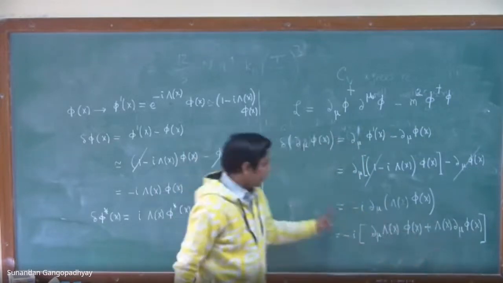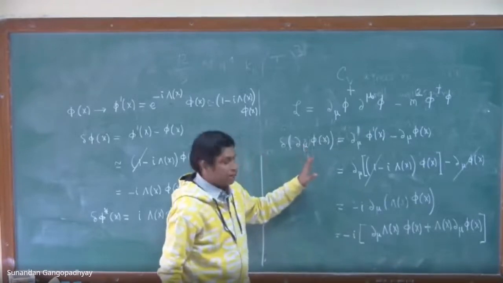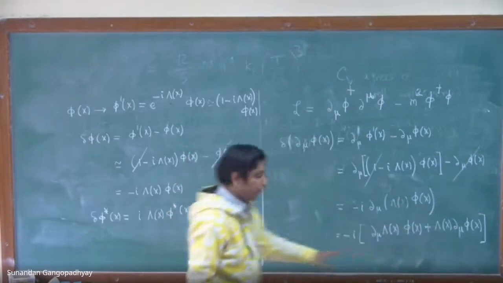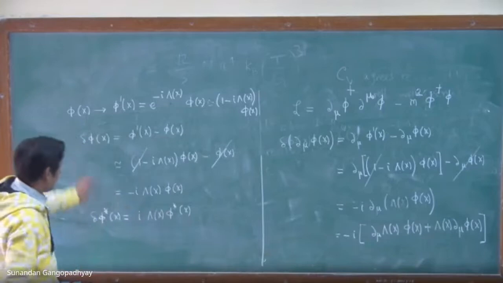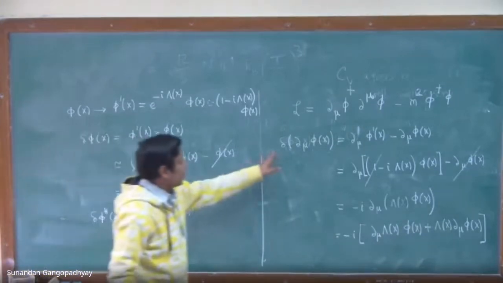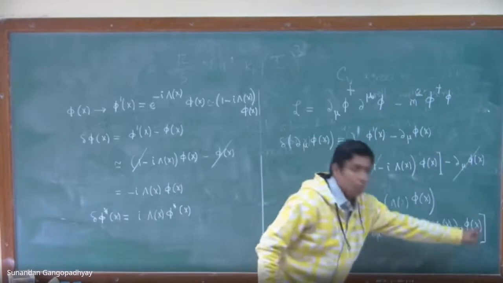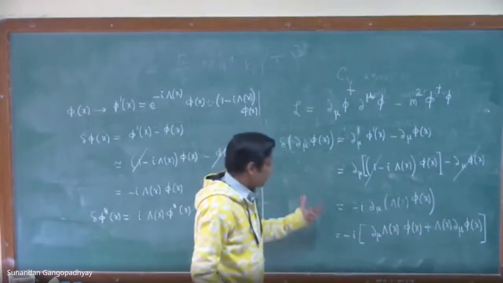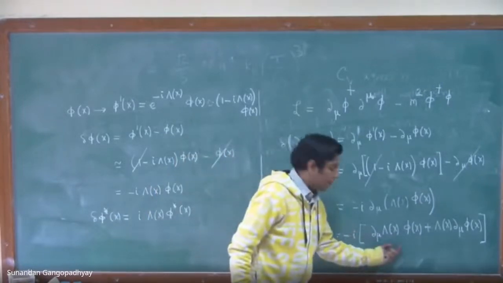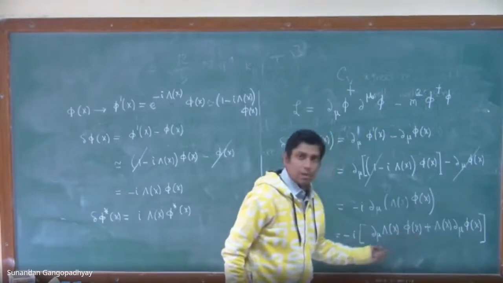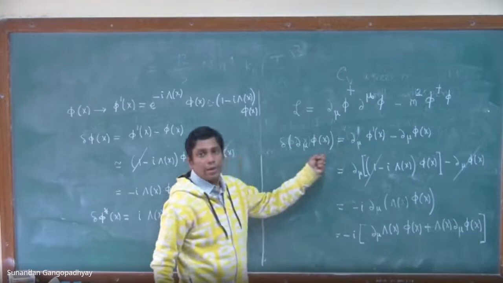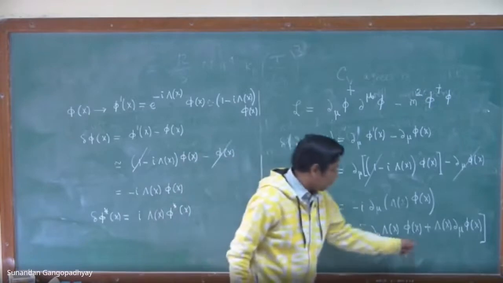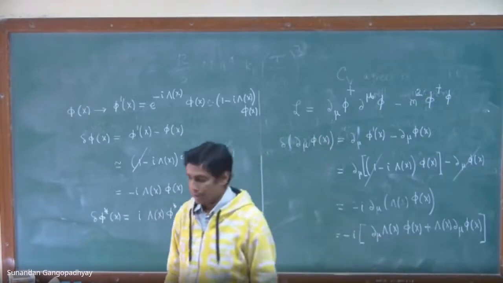From the second term, you can see that del mu phi of x transforms exactly in the same way as phi of x transforms, because delta phi of x is minus i lambda phi of x, and delta of del mu phi of x is minus i lambda del mu phi of x. So that transformation property is quite nice. But what spoils it is that you have a term which is del mu lambda. Because lambda is not a constant, this term will survive. And therefore we say that del mu phi of x does not transform covariantly, because this term spoils the covariant transformation of del mu phi of x.